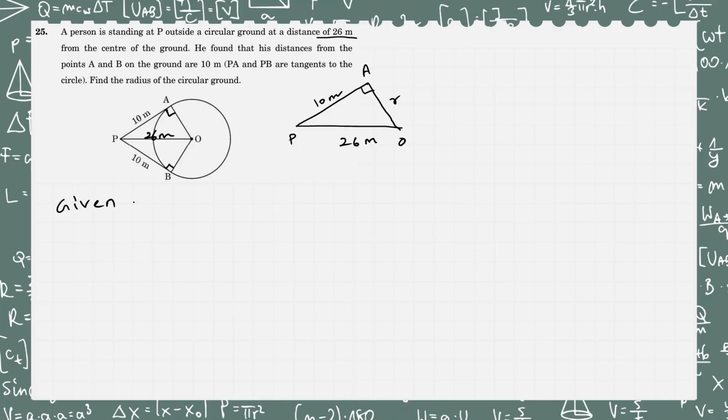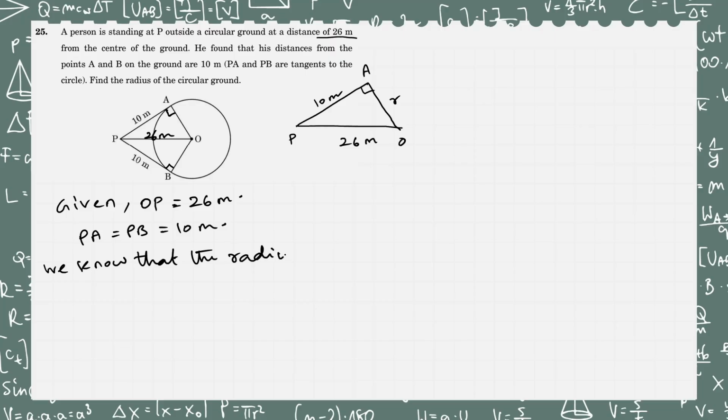Given distance between O and P is 26 meters, PA and PB both are equal to 10 meters. We know that the radius is perpendicular to the tangent at the point of contact.